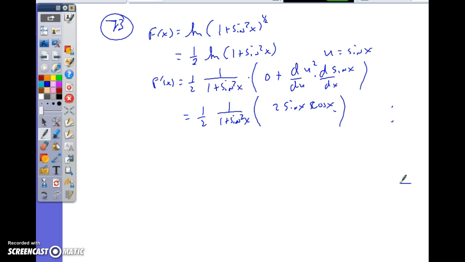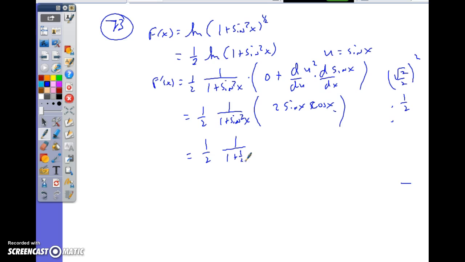Pi over 4, that's annoying. But pi over 4 gives sine of root 2 over 2, correct? And so root 2 over 2 squared would be just 1/2, agreed? So this is 1/2, so this becomes 1 over 2. Let's leave the 1/2 out in front, otherwise you guys will get all confused. 1/2, 1 over 1 plus a half.